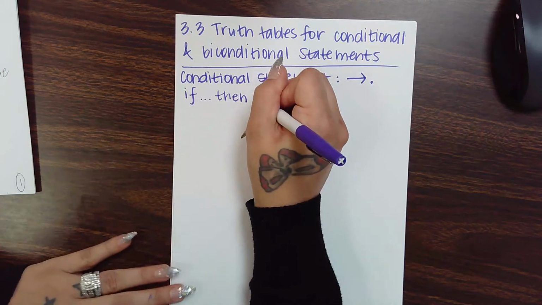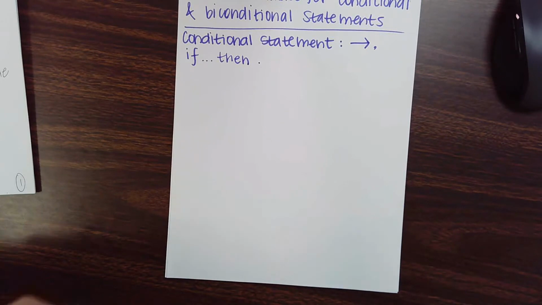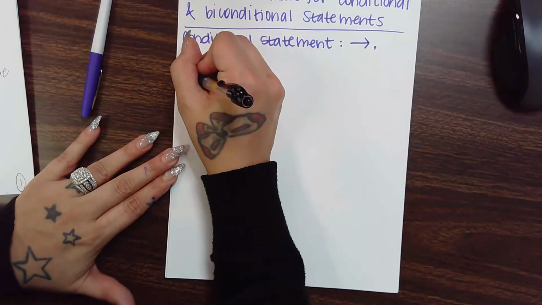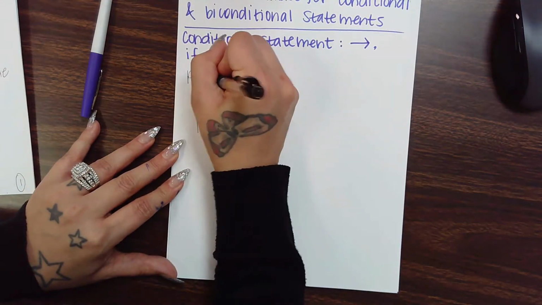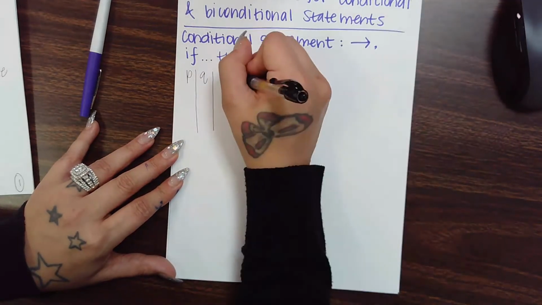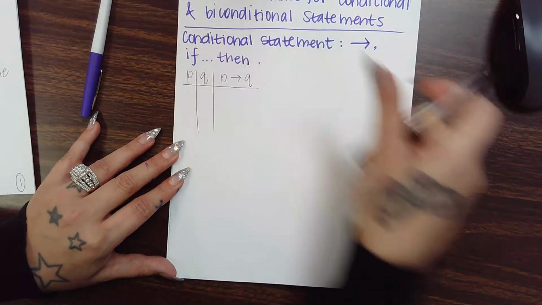Okay. And then we're going to go ahead and draw a little PQ table to show how to do this operation. So we have our P, we have our Q, and it says if P, then Q. That's how it's read.